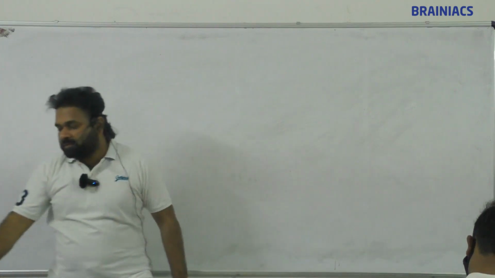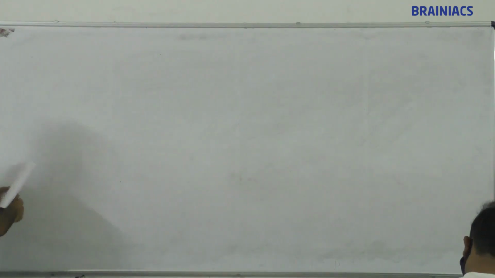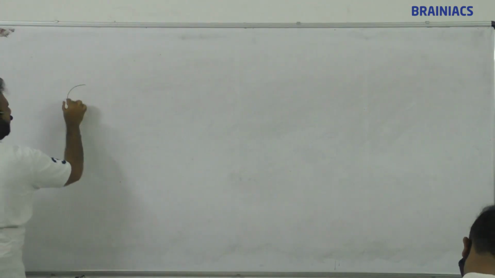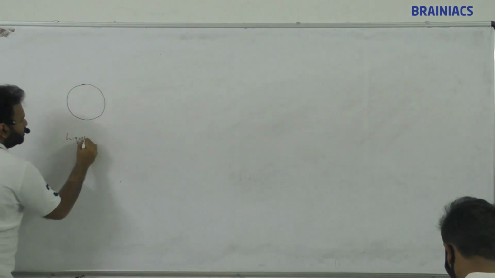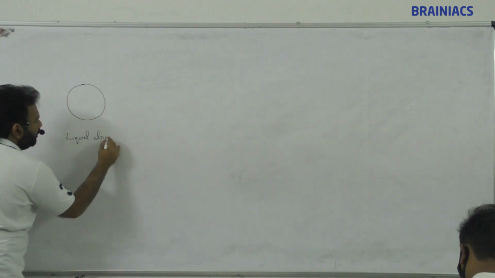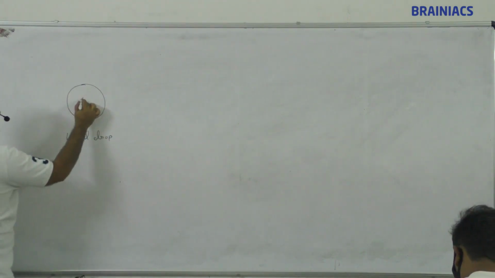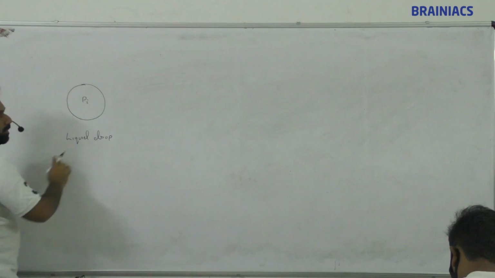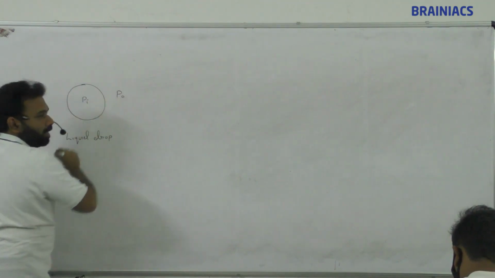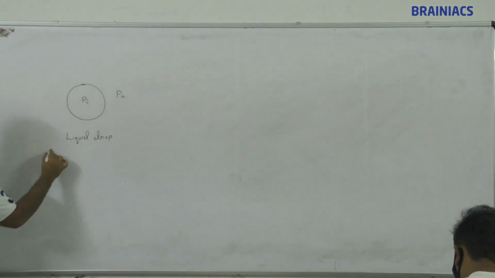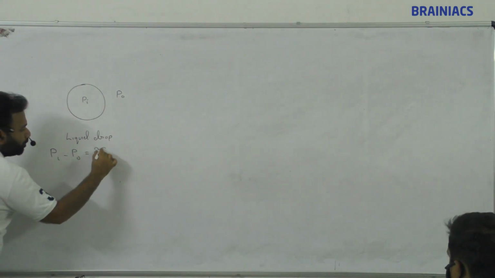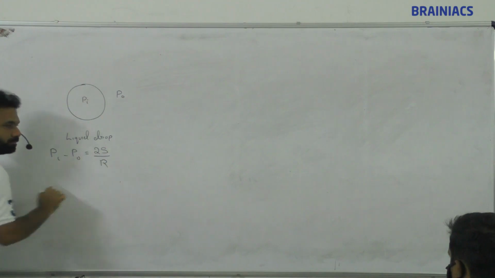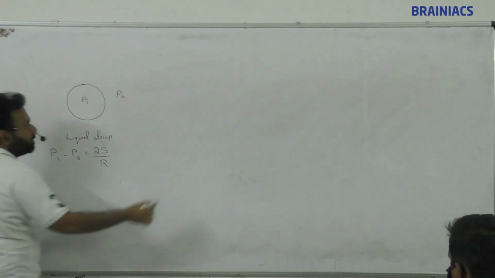Okay, so I am summarizing this. If we have a liquid drop, there will be pressure inside and pressure outside. Pressure inside minus pressure outside is going to be 2S by R. S is the surface tension.